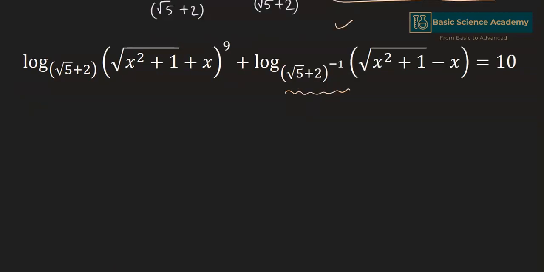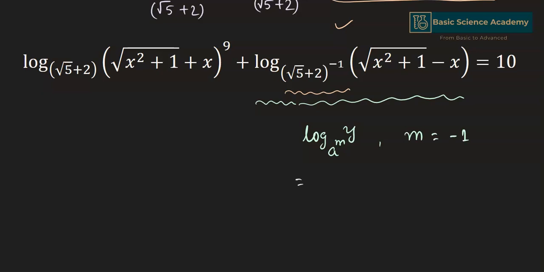The right side log expression is in the form of log y to the base a to the power of m, where m is equal to minus 1, and this is equal to 1 upon m multiplied by log y to the base a.